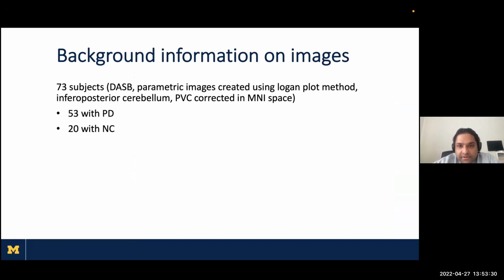We are looking at the serotonin DSP PET scan, and these are also parametric images created using the Logan plot method. Here the reference region is the infero-posterior cerebellum. We do partial volume correction on this data in MNI space, whereas if you remember, the previous data we didn't do partial volume corrections.